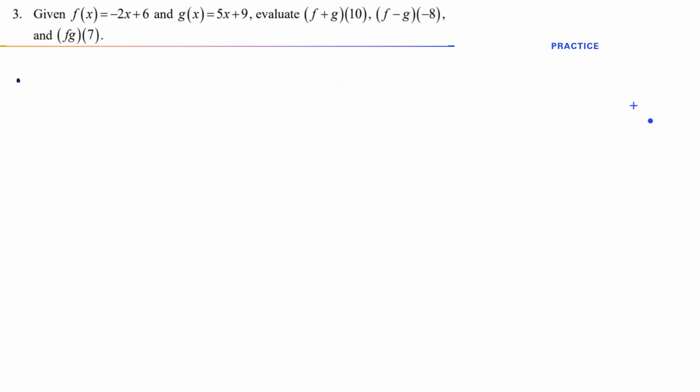Okay, so for these questions, we will do f plus g of x, which equals f of x plus g of x. And f of x is -2x plus 6, plus g of x is 5x plus 9. Now we plug in the x value, which is 10.